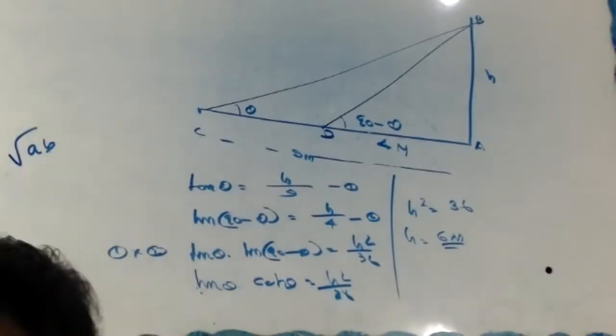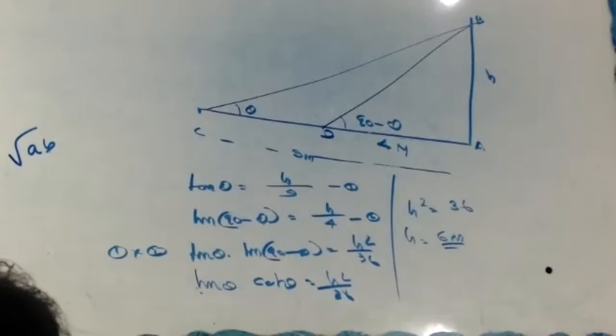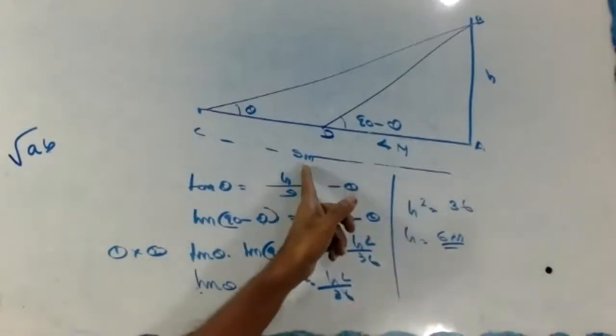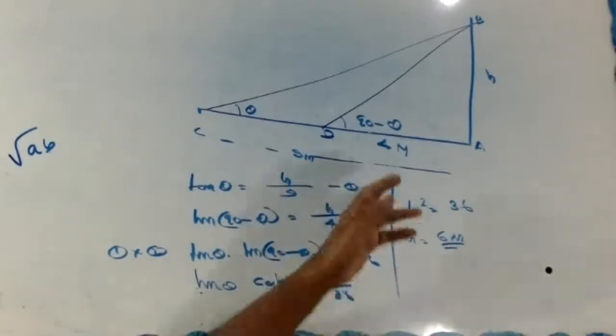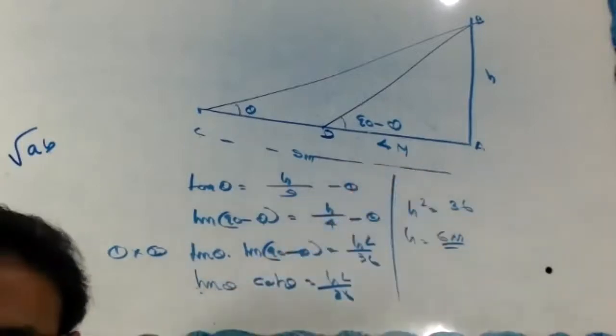Once again, the first point is a meters away, so here is 9 meters. The second point is b meters, here is 4 meters. Same question. You try yourself.